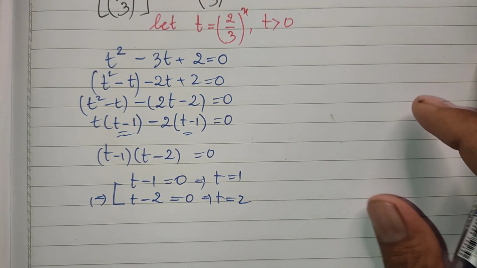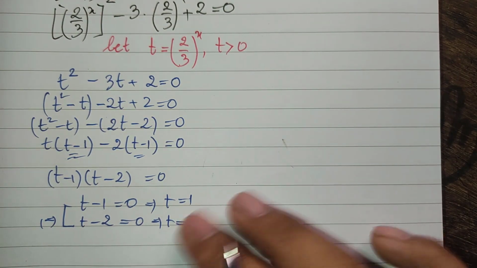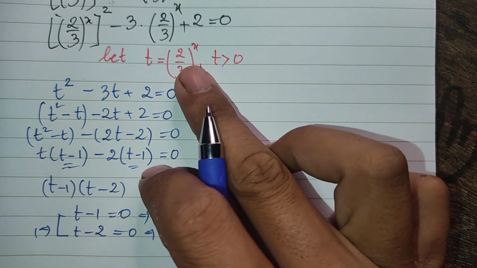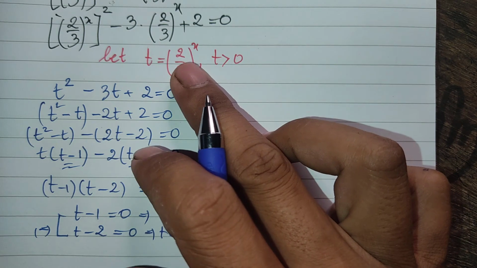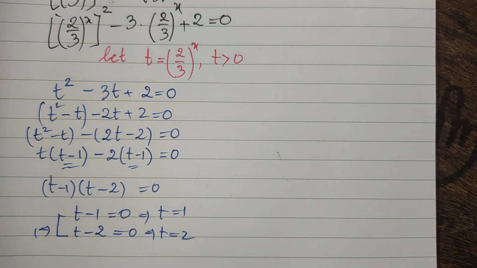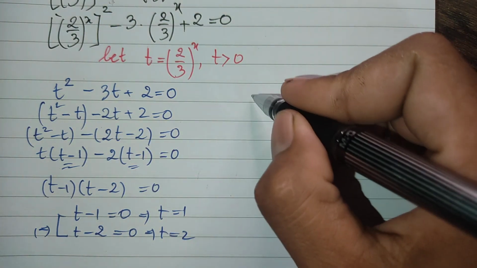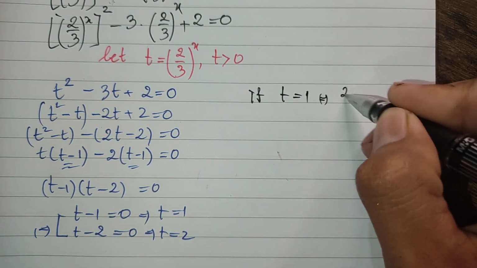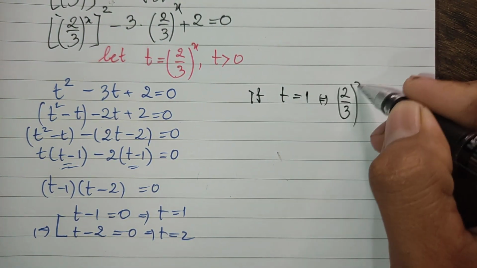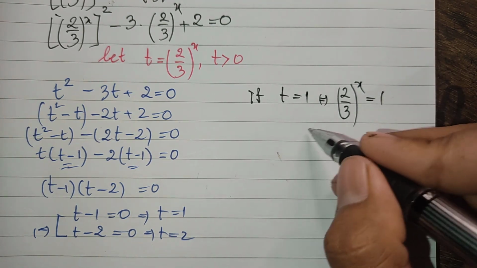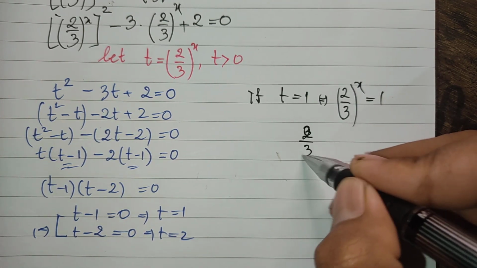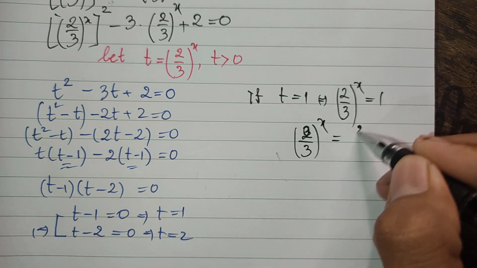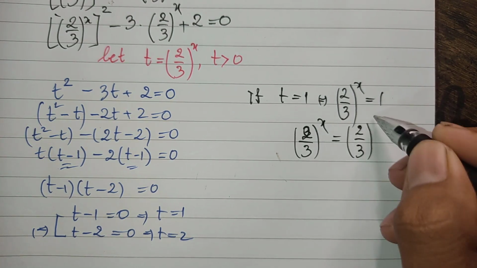And so now we get the values of t, but we know that t is equal to (2/3)^x. So if t is equal to 1, we get (2/3)^x equal to 1. We can write it as (2/3)^x equal to (2/3)^0.